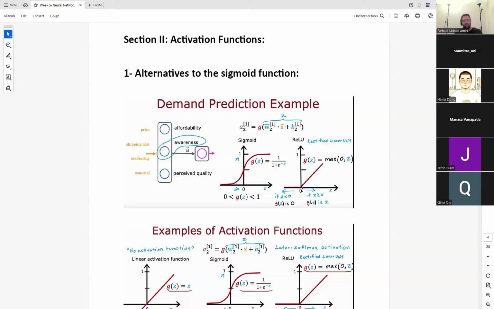On the right-hand side, when z is larger than 0, g of z is equal to z. For example, if z is 2, g of z is 2. If z is 4, g of z is 4. Unlike the sigmoid function, which is between 0 and 1, this one can get larger values.